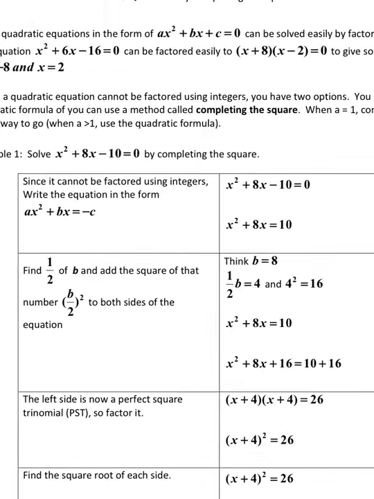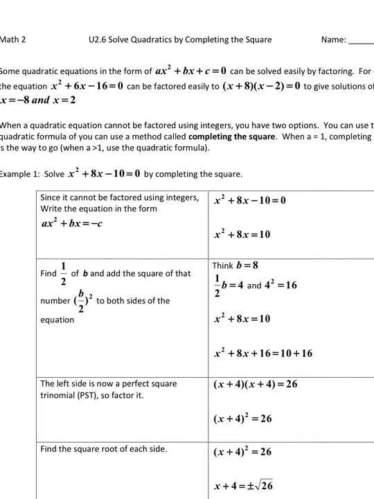So when we look at completing the square, it says we can't factor it because of the integers, so it has to be in the form ax squared plus bx equals c.